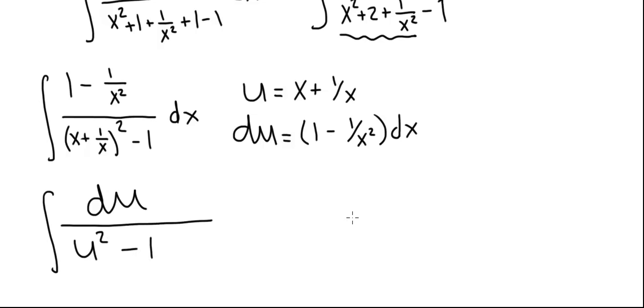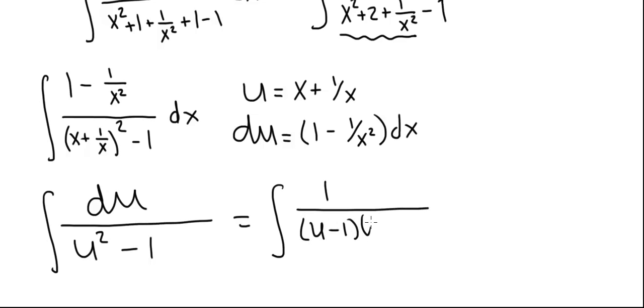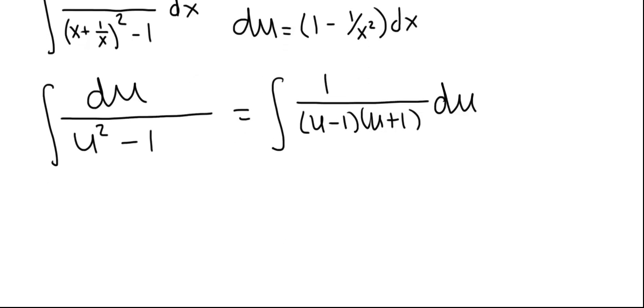And this is a problem that we can handle using partial fractions, because this is the integral of 1 divided by u squared minus 1, which is u minus 1 times u plus 1, du. And so now let's use partial fractions to break this up into two manageable integrals.